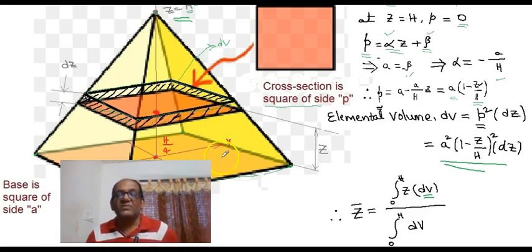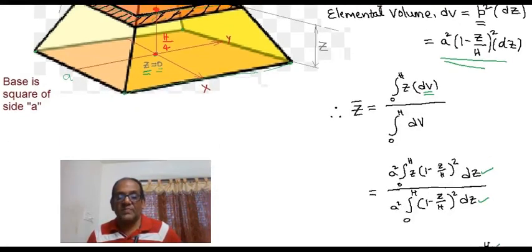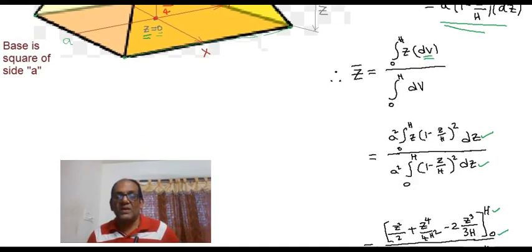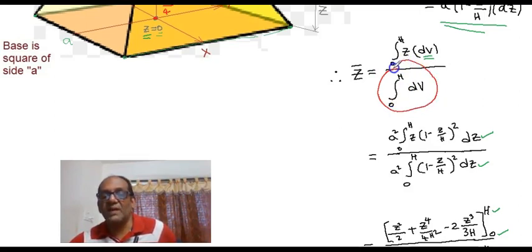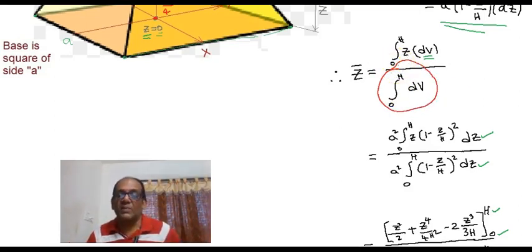We will try to do a similar exercise for the case of a hemisphere, a cone, and then try to look into composite objects which are made out of Boolean operations of these objects. In passing, we see that this quantity in the denominator, integral 0 to h of dV, is the volume of the pyramid.